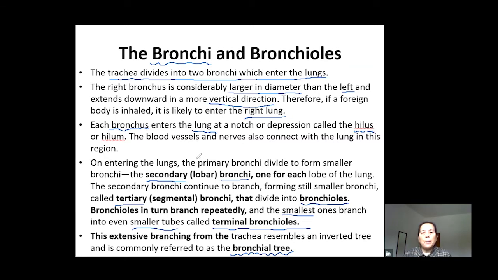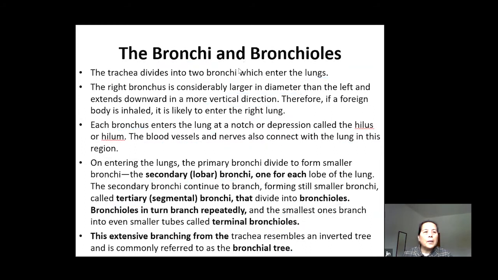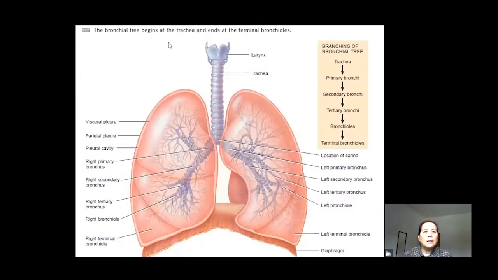Not only the bronchi go into the lung in that area, but blood vessels and nerves also go inside the lung there. Like the picture here, this part and this part.